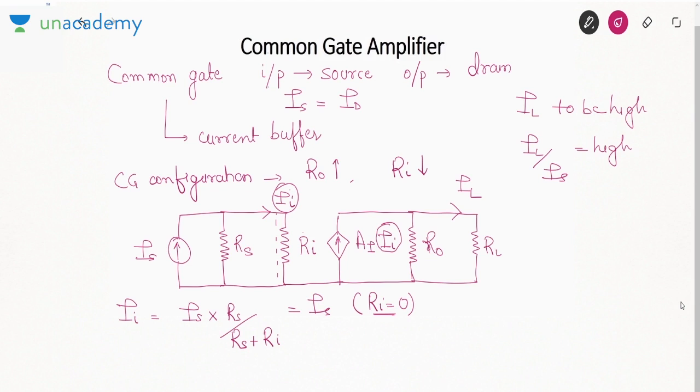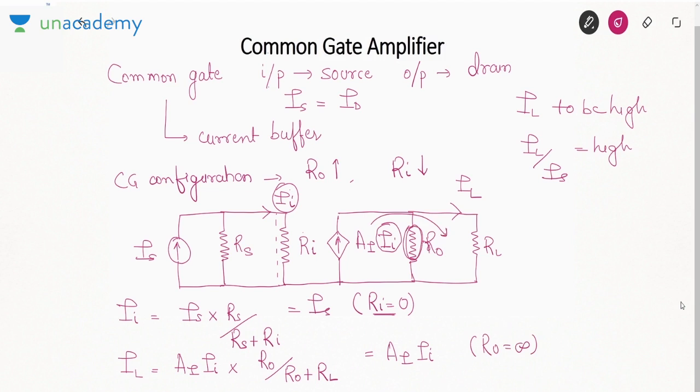amplifier. Now similarly, you can write IL as AI into II, that is a current source, and by current division R0 by R0 plus RL. So it is also equal to AI into II, but when R0 is infinity. That means if you open circuit this resistance, the entire current will go into the load.